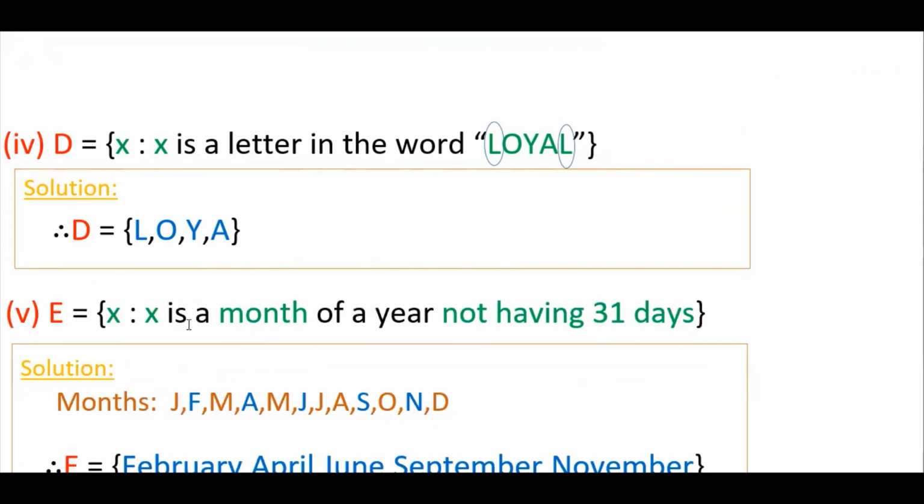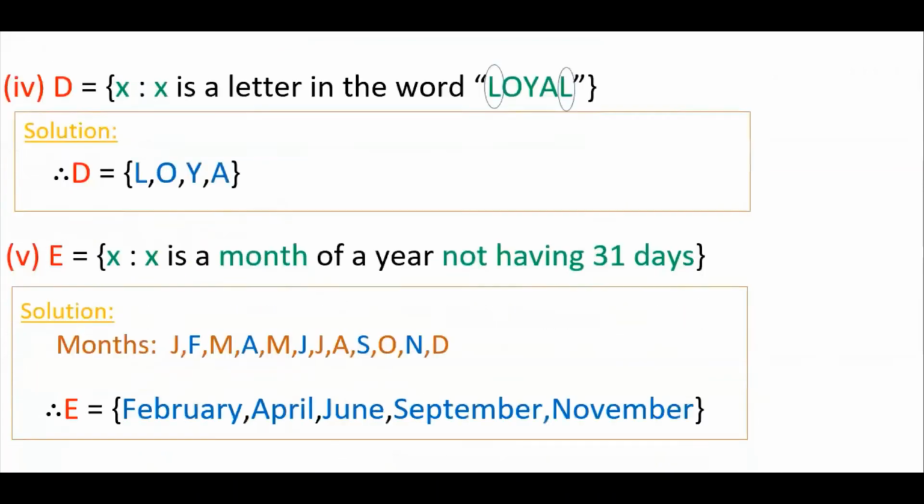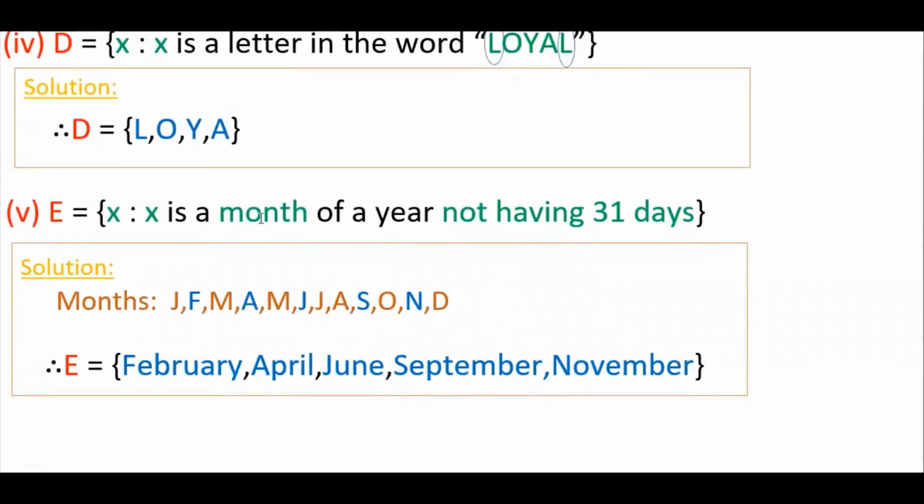And the fifth one: E is {x : x is a month of a year not having 31 days}. First write the months, January, February, like this. We know that January is 31 days, so February is not 31. And March is 31, so this is not 31. So alternate.